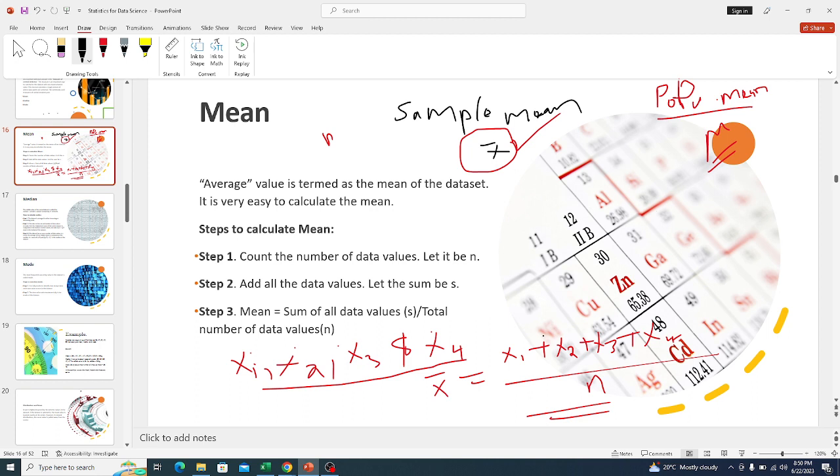So we know that this value, x1 plus x2 plus x3 plus x4, we can denote as xi, and in this case xi is taking values 1, 2, 3 up to 4.